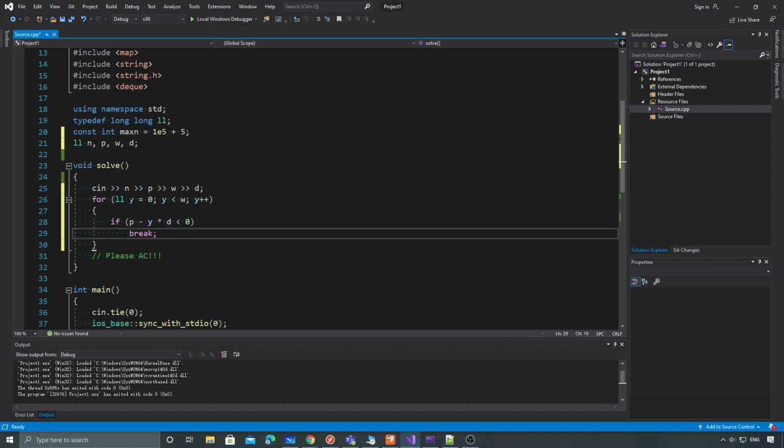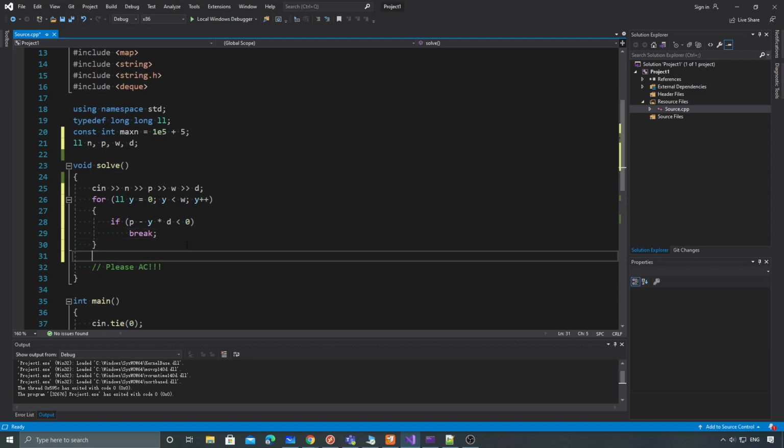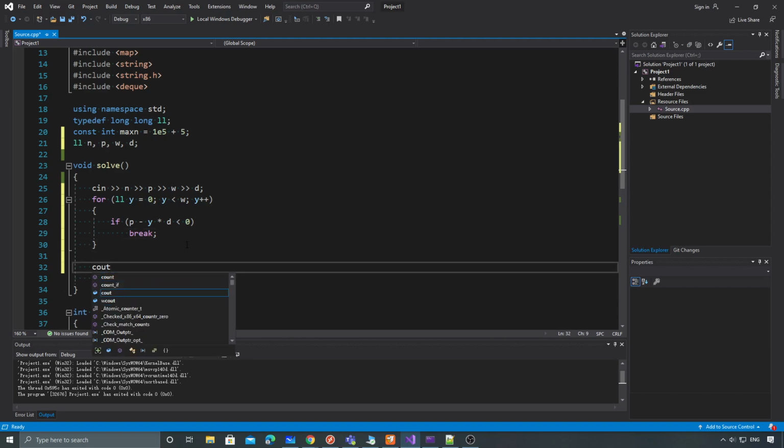Because y keeps increasing, and this P minus y times D is like XW. As long as the other side is negative, since we cannot have a negative number of winning games, we can simply break. And then in the end, we can simply output this one, -1, and then this one.